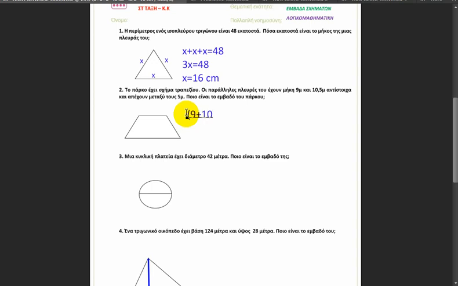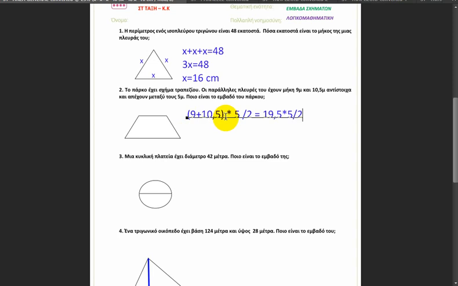Nine plus 10.5, and then we need to multiply that by the height, which in this case is 5, and then whatever we find we need to divide it by 2. So let's see what this equals. First we need to do 9 plus 10.5, and this gives me 19.5 times 5 divided by 2.